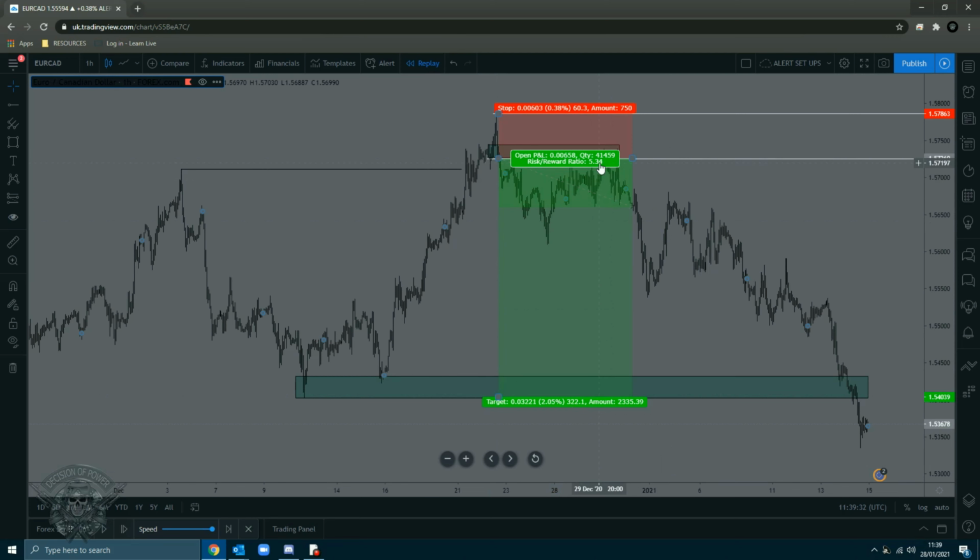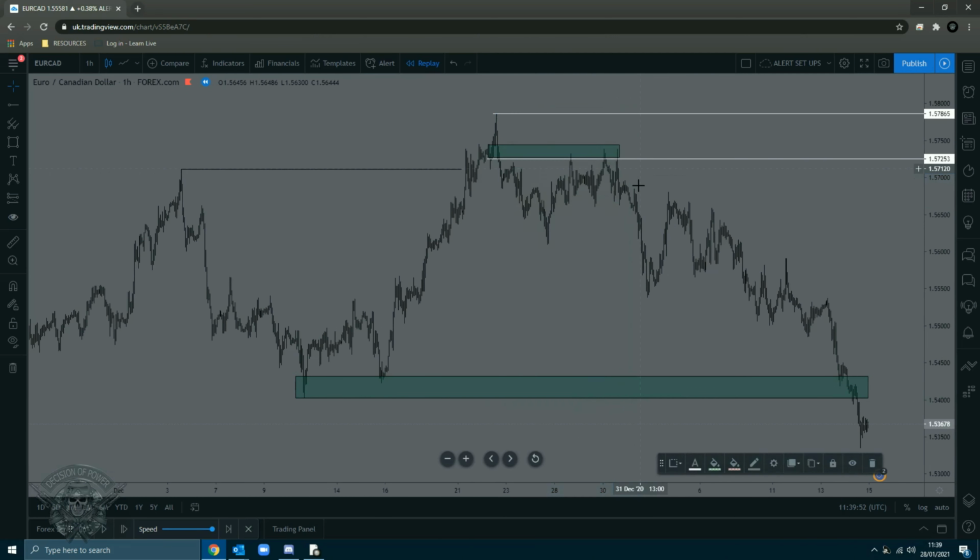Okay, so whatever you're willing to risk, you're going to get 5.34 times that in profit. Okay, so if you're looking to risk, I don't know, $10, you're going to be looking at $53.40 profit target. Okay, so your risk to reward is quite important per trade, right?